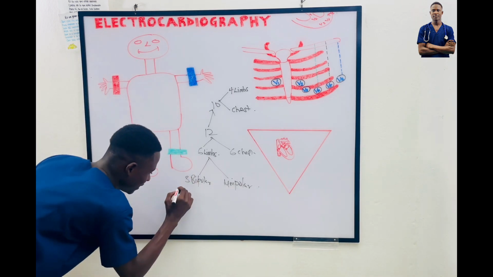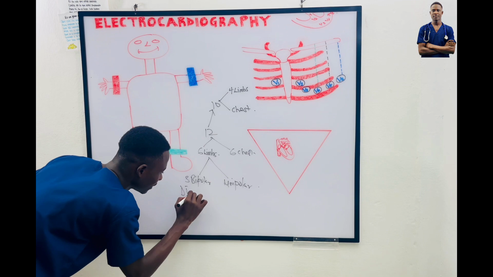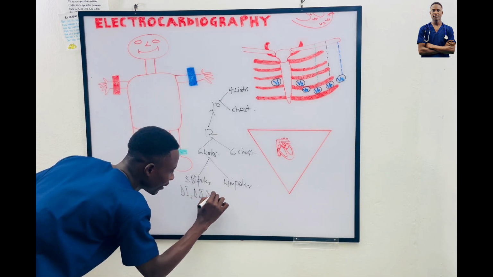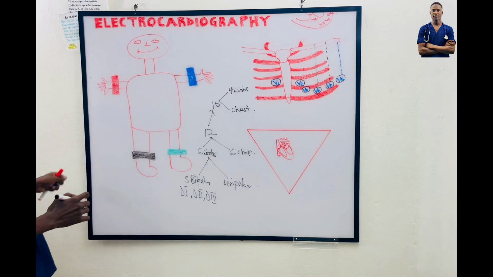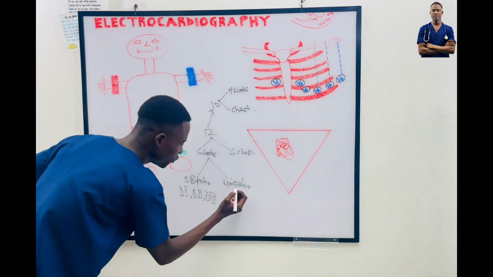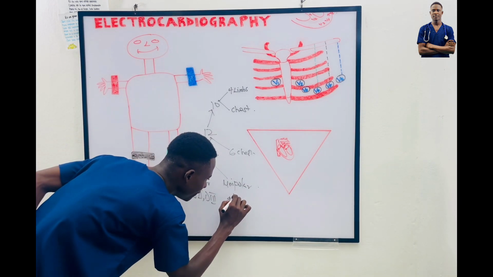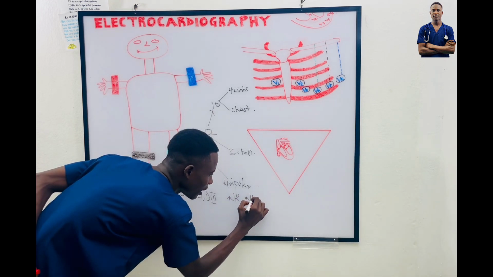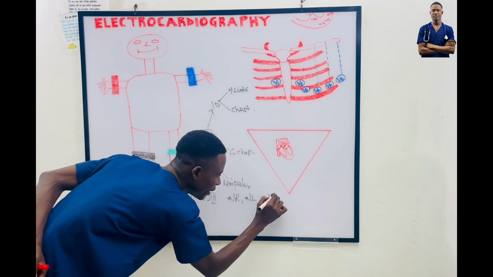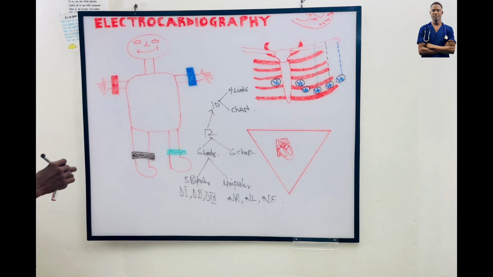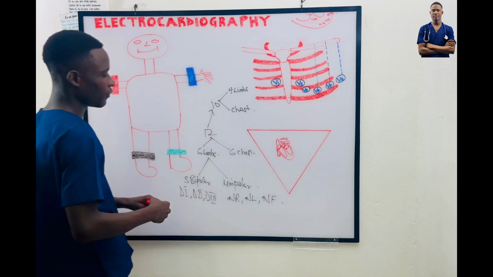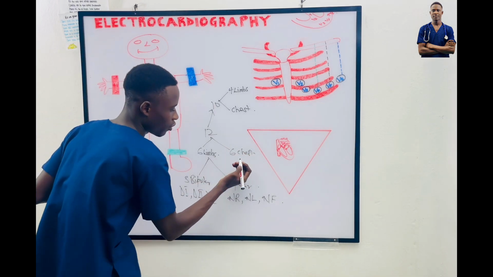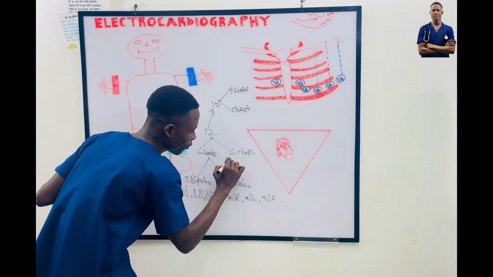The bipolar ones are D1, D2, and D3. And then here we have the unipolar: the AVR, the AVL, and the AVF. I'll be talking about each and every one over here. And then the chest leads are called the precordial leads.